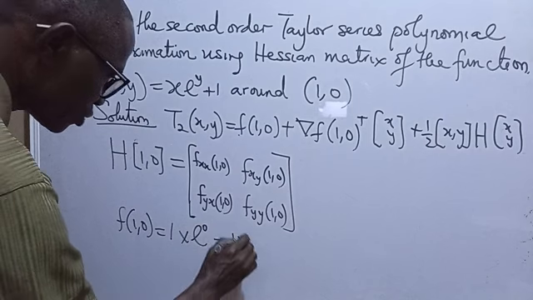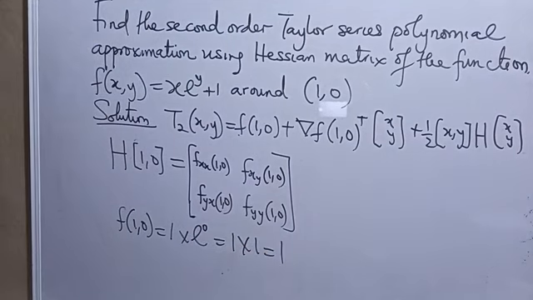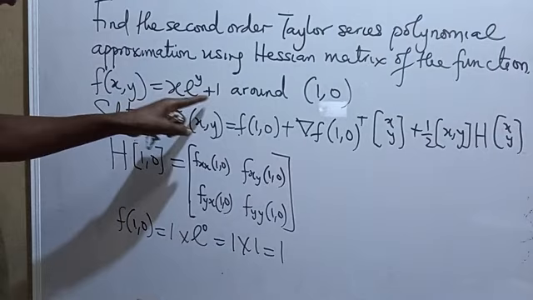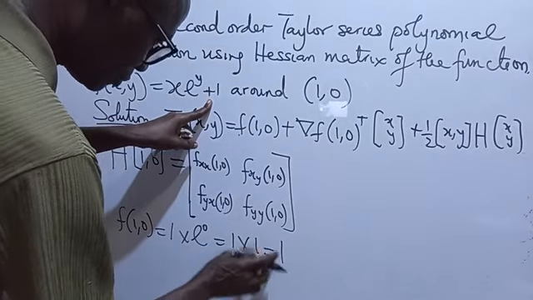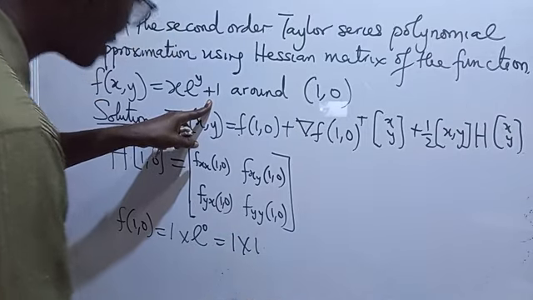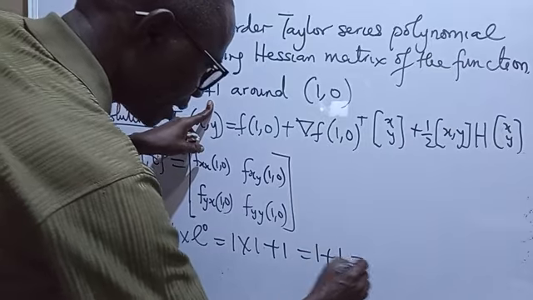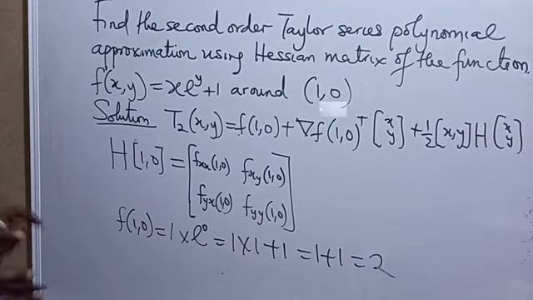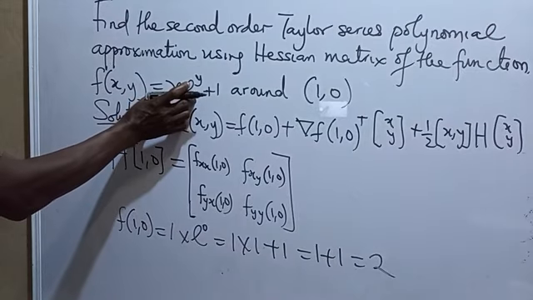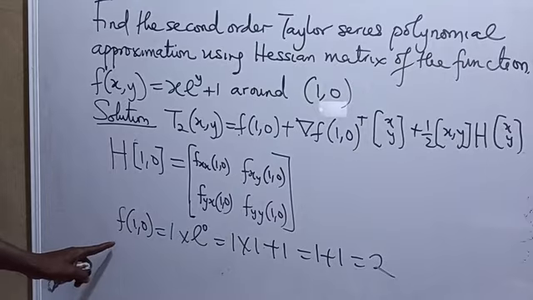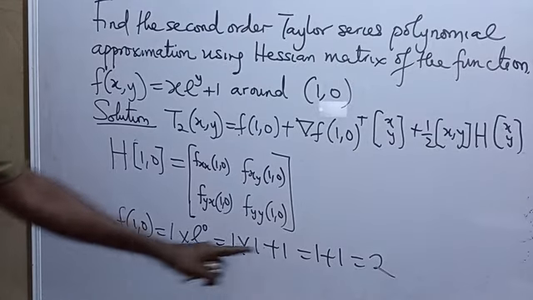That is 1 times 1, which gives us 1, because anything raised to the power 0 is 1. Then plus 1 here. So 1 times 1 plus 1, that is 1 plus 1, and that is 2. I hope that is clear. So we have gotten the value of f of 1 comma 0 as 2.